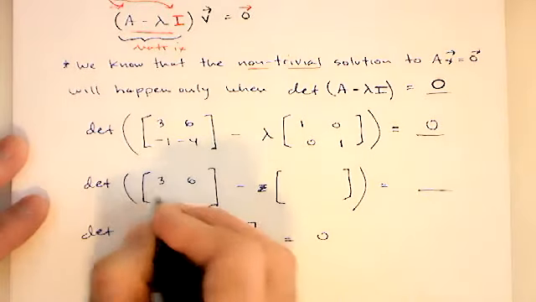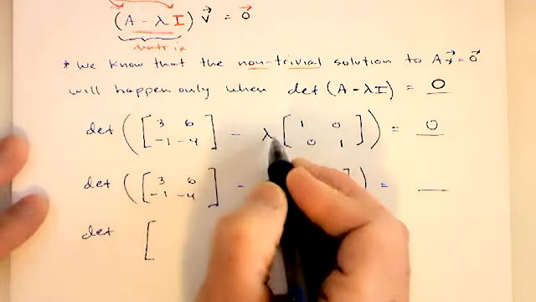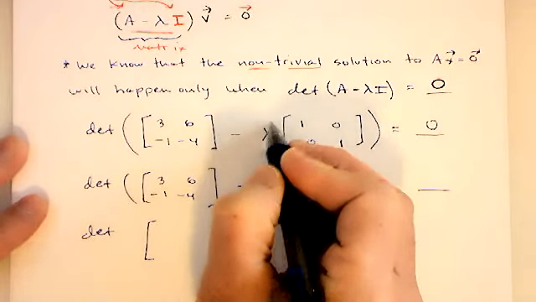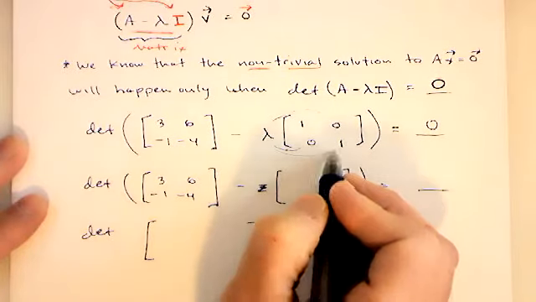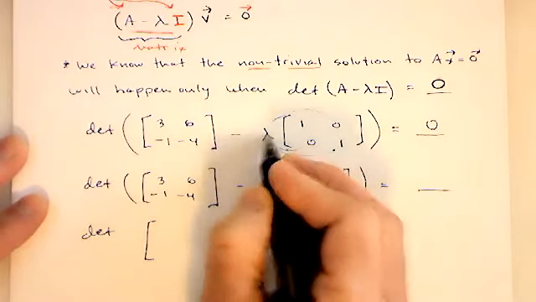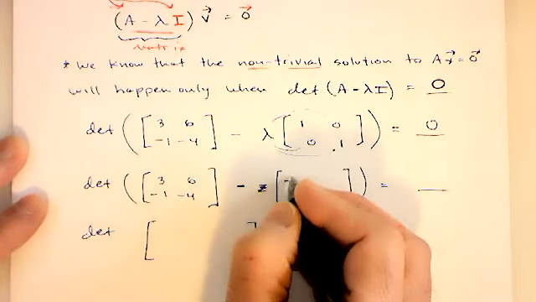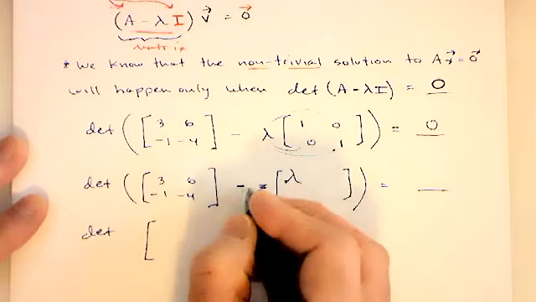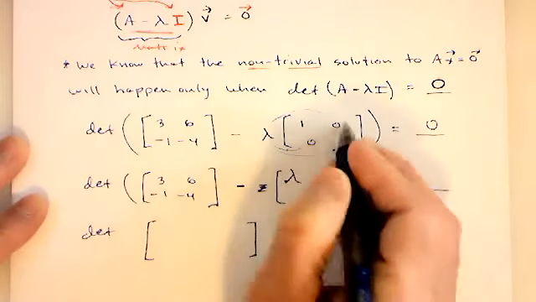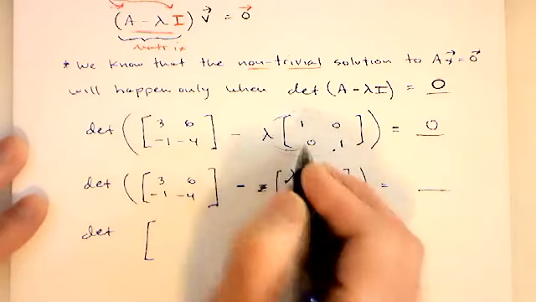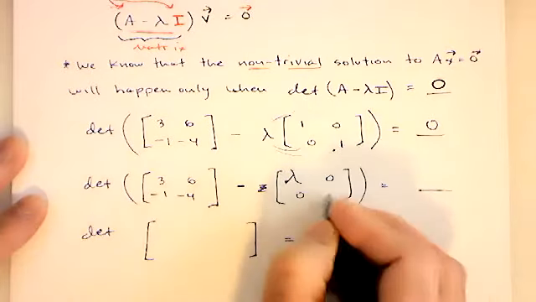We know that if this is a constant, you can just distribute the constant into each part there. So minus lambda times 1 is going to be minus lambda. Lambda times 0 is 0. Lambda times 0 is 0. Lambda times 1 is lambda.